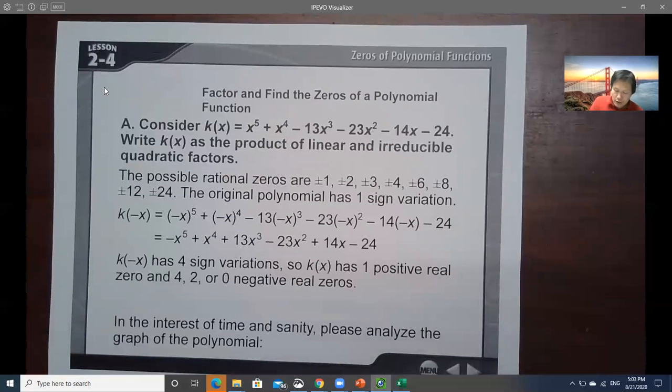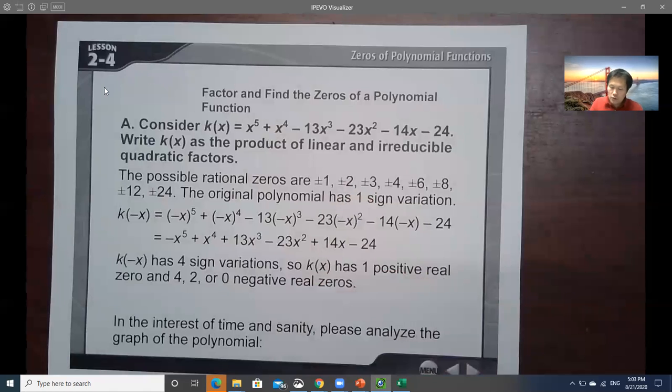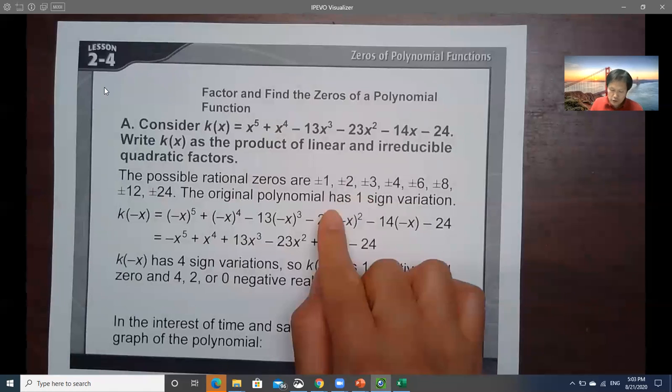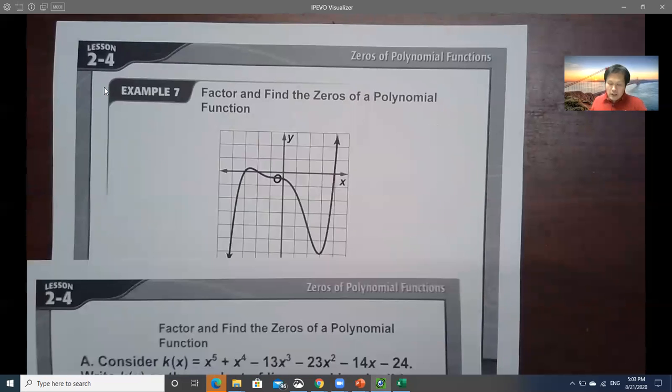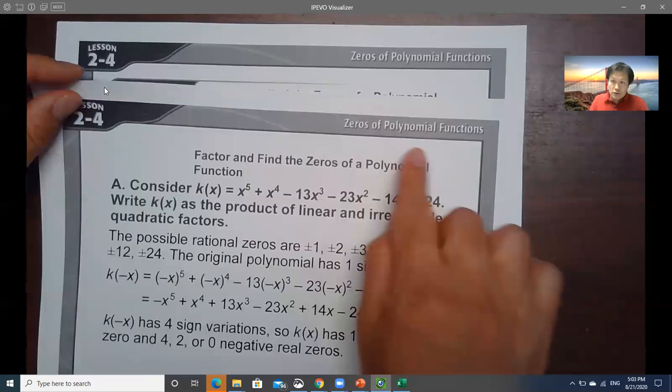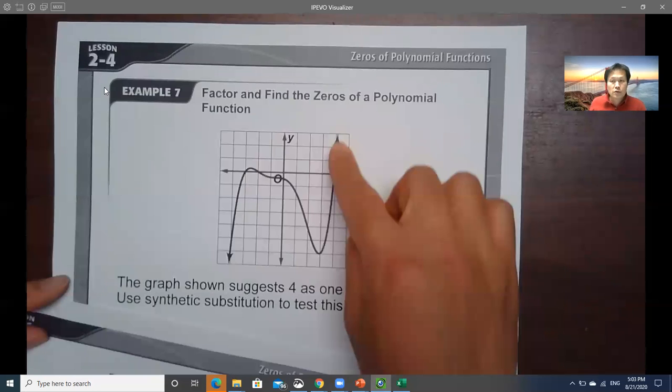So if you try all possible rational zeros, you get a whole bunch of them. The original polynomial has a one-sign variation. If you sketch this using a graphing calculator, you get something like this. What are you interested in?